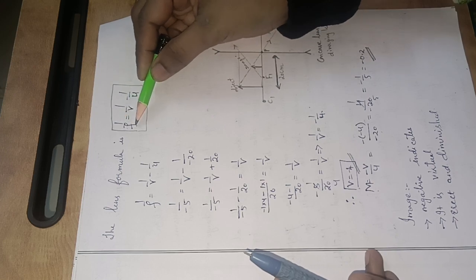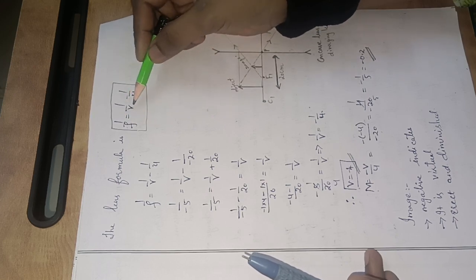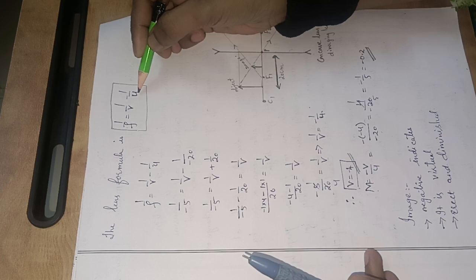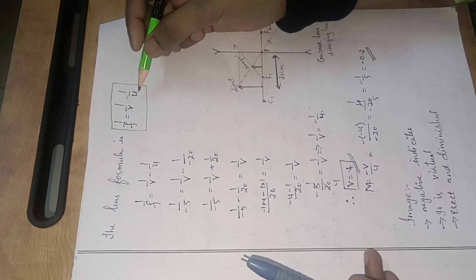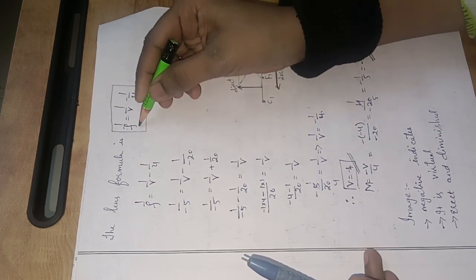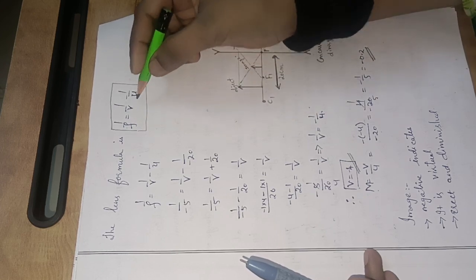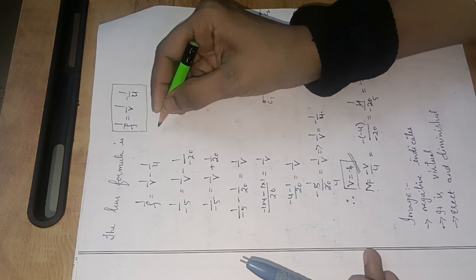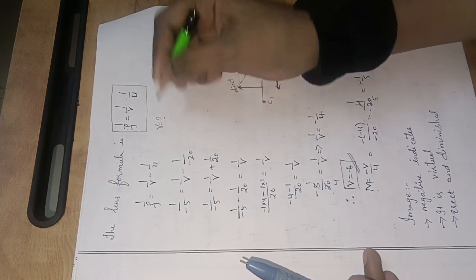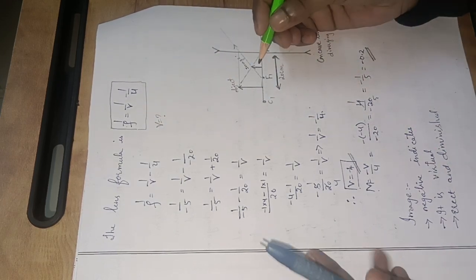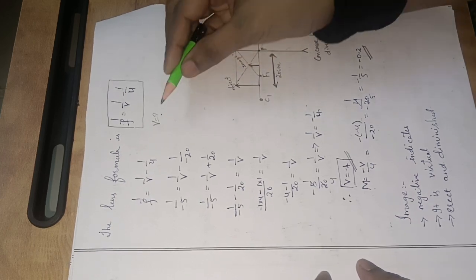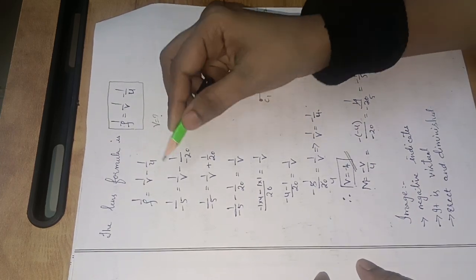So 1 by f is the focal length, 1 by v is the image distance, and 1 by u is the object distance. As you have the focal length value and the object distance value, you don't have v. So to find the image, we are using this formula.